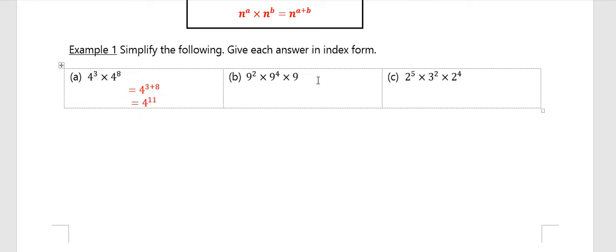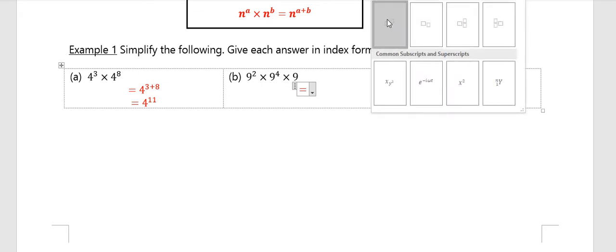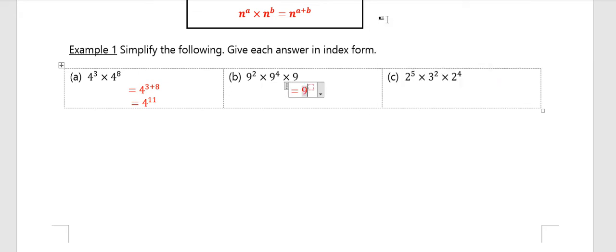The next one over here, you have to do the same thing and check again. Let's check 9 squared times 9 power 4 and 9. So 9 here, what do you think is the power? The power is actually 9 power 1. So you have 9 power 2 plus 4 plus 1.